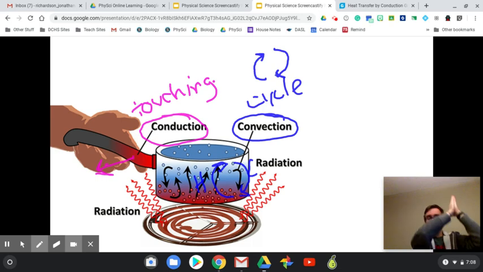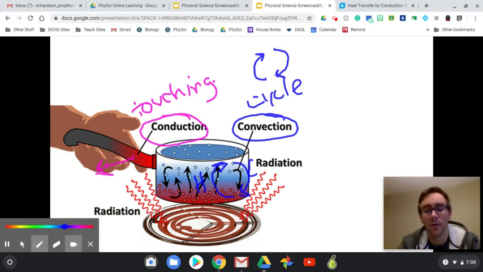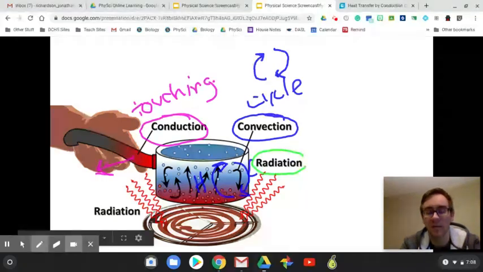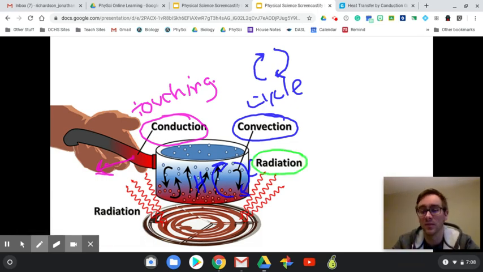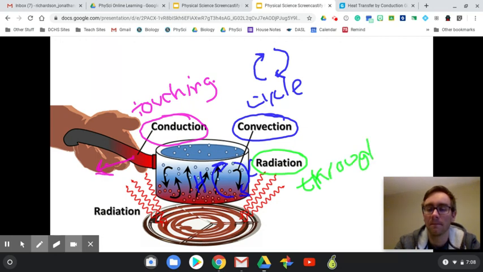All right, so that's conduction. Convection rises and sinks. And then the last one is radiation. Now, radiation is any energy. We already talked a little bit about this with electromagnetic radiation, gamma rays and X-rays. And this is anything traveling through a space, not direct contact, not a cycle.